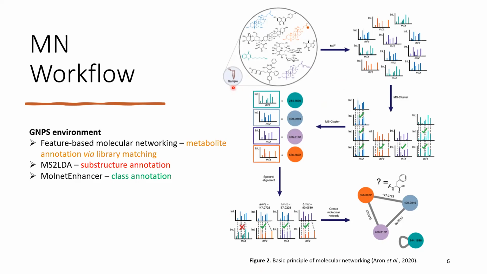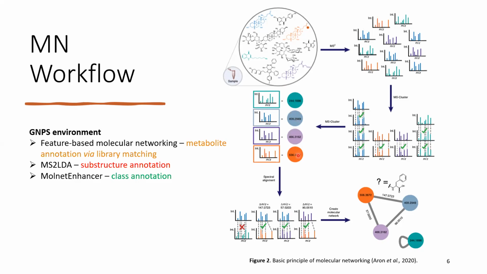If you have the sample and you have extracted metabolites from whichever, it can be a plant or bacteria, and you analyze that sample on an MS-based platform, it then yields many spectra, which are then organized using MS cluster, and the similar or same spectra are then collapsed into one node. As you can see over here, each spectrum now corresponds to one node.